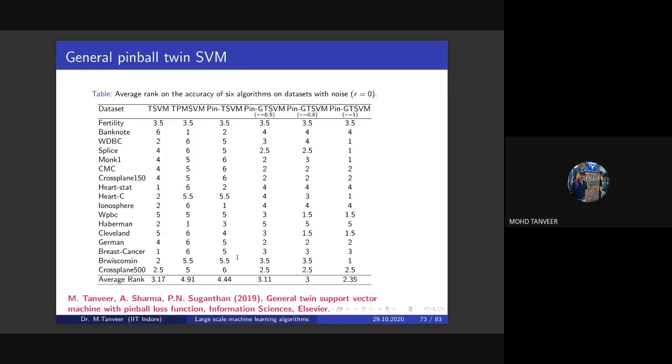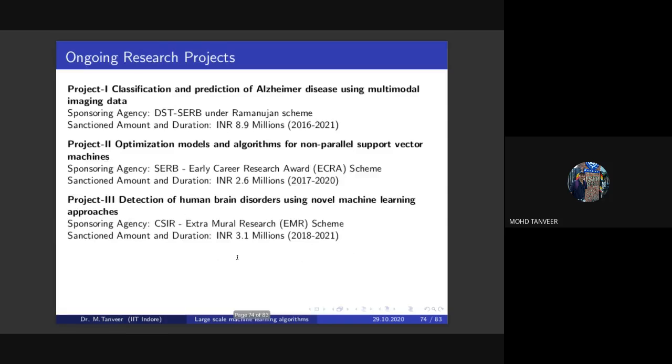Now I would like to discuss some research activities going on in my research lab. Some of you may be interested. You can see that some research projects are going on in my lab. First is machine learning, where we need to develop a novel machine learning approach for the early diagnosis of Alzheimer's disease.